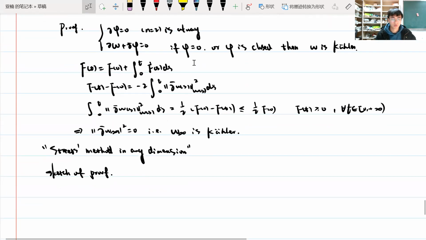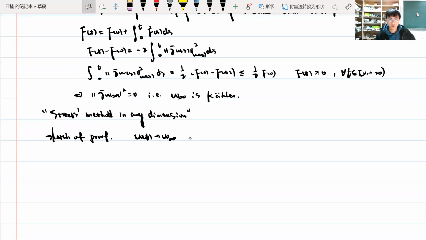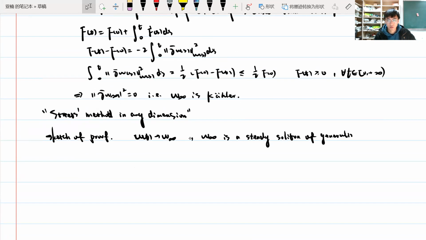If omega t converges to omega infinity, then actually it is a stationary solution of the generalized Ricci flow.